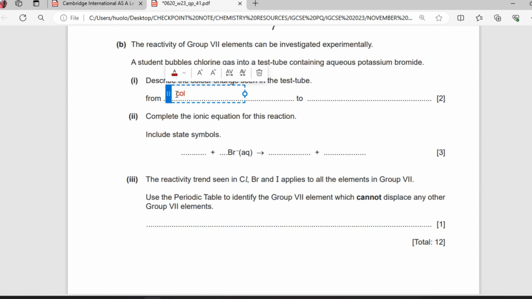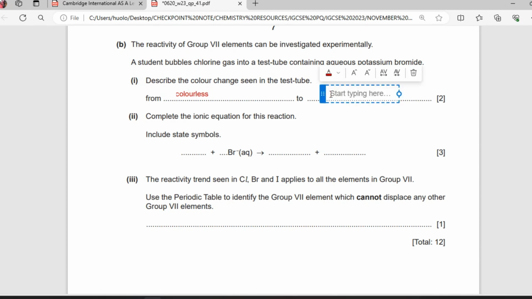So it's going to move from colorless to orange. Okay, you are going to have potassium bromide, colorless, and chlorine will be bubbled into the test tube. Because chlorine is more reactive than bromine, it's going to displace the bromide ion, and bromine will be formed.